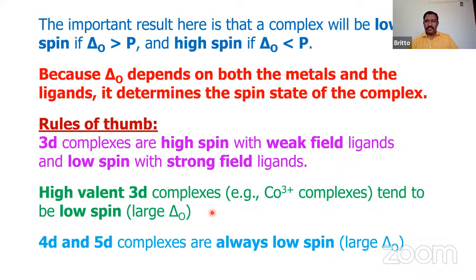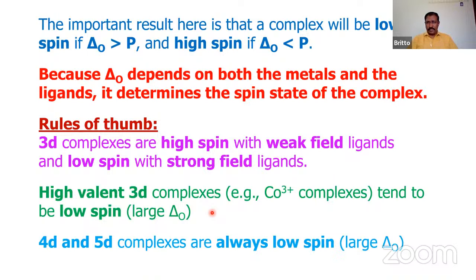Low spin means the electrons are going to be paired, because the pairing energy is less compared to the gap. If you want to put the electron in the higher energy level, it would prefer to pair because that costs less. Whichever path uses less energy, the complex prefers. So if it is low spin, Δo is higher than P, and the electrons are going to be paired.